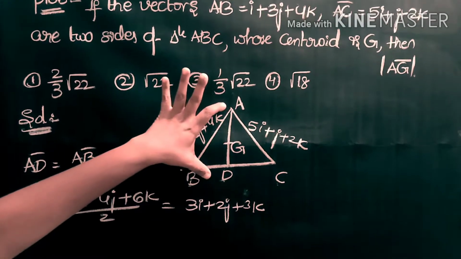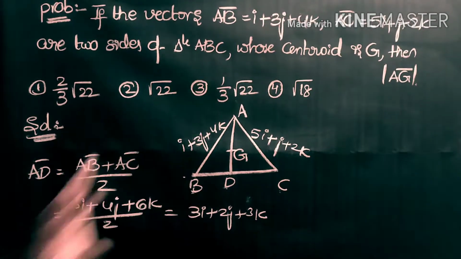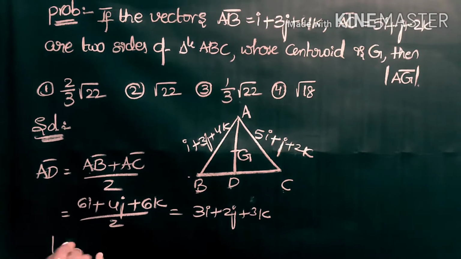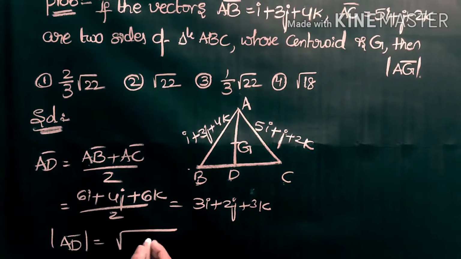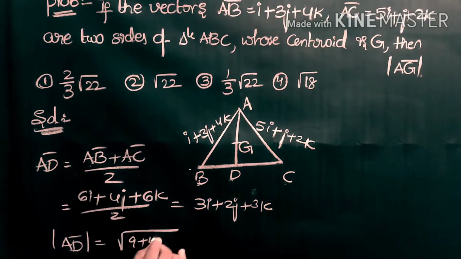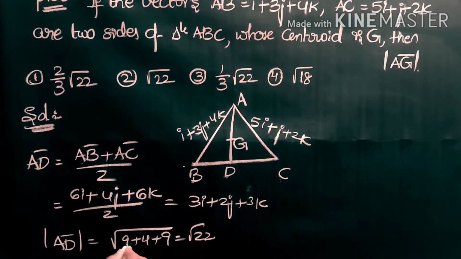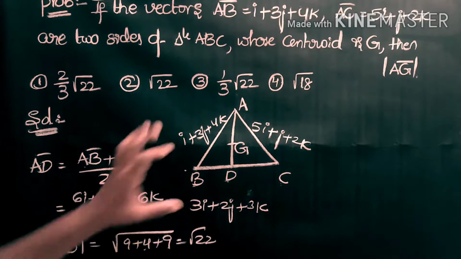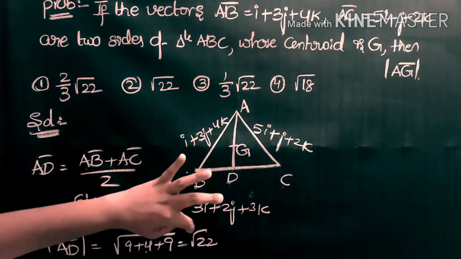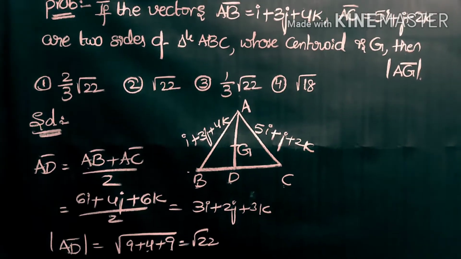Now first we take the magnitude of AD, the magnitude of the median: |AD| is equal to the square root of 3 square plus 2 square plus 3 square, that is 9 + 4 + 9 = 22. Therefore the total length of AD is root 22. Then what is the length of AG?